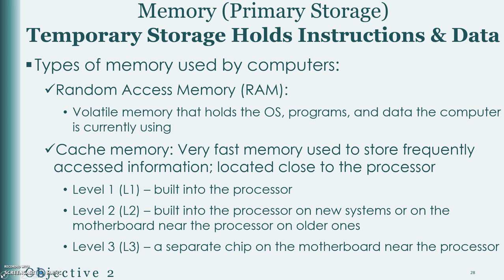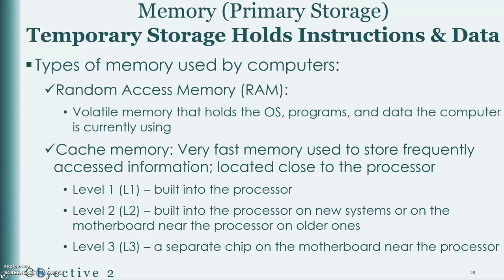Level 2, if you have a newer system, is also built into the processor, and it's a little bit difficult to explain without drawing you a picture, but imagine level 1 being in the middle of the processor, and then level 2 is sort of on the outside of level 1. So it's still very close. It's still on the processor, but it's not as close as the level 1 cache memory.